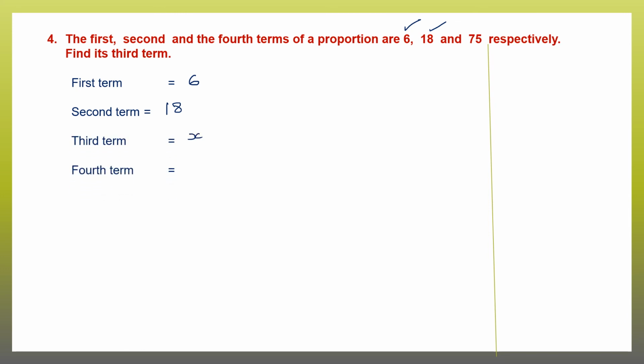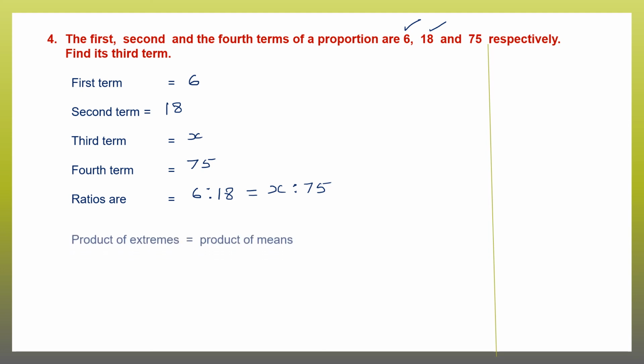And the fourth term is 75. So we have 6, 18, x and 75. We need to make a ratio out of this. So it will be 6 is to 18 equals x is to 75. We have put equals because the question says they are a proportion, that means the two ratios are equal.